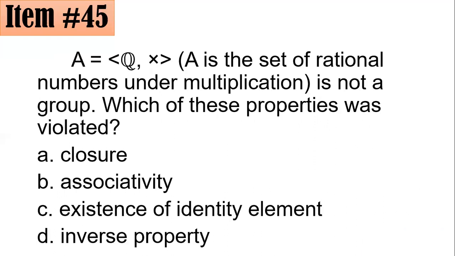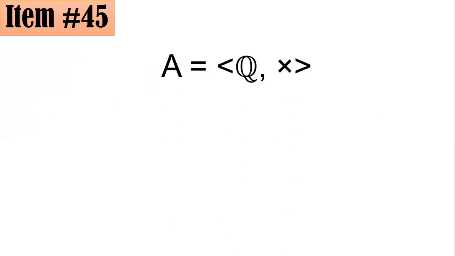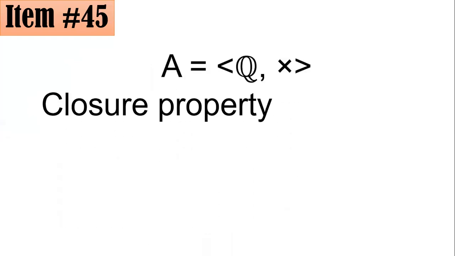If set A is the set of rational numbers under multiplication, is not a group, which of these properties was violated? Did you go for closure, associativity, existence of identity element, or inverse property? Note that these are the four properties of a group. So when we speak about closure, it actually satisfies closure. Why?